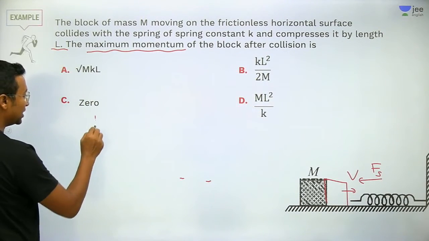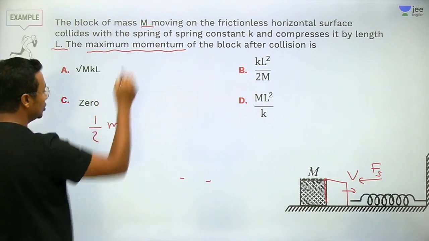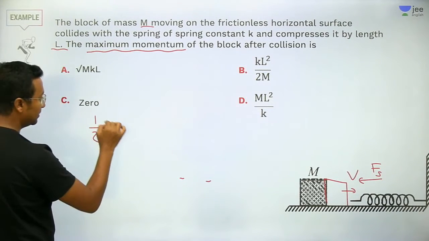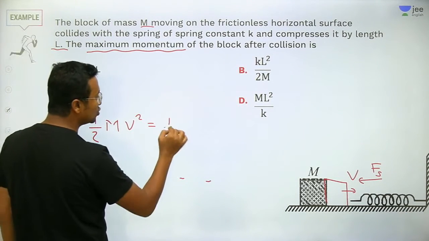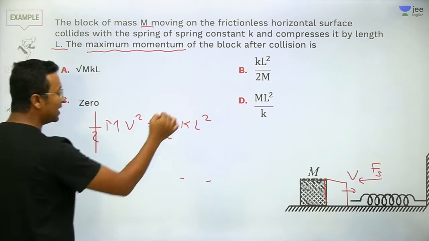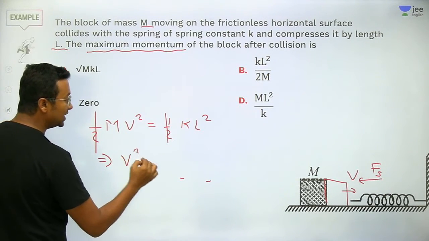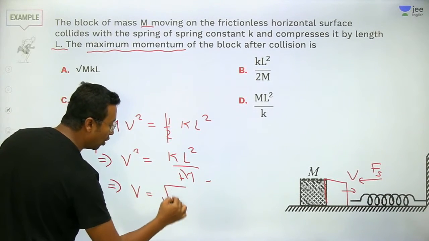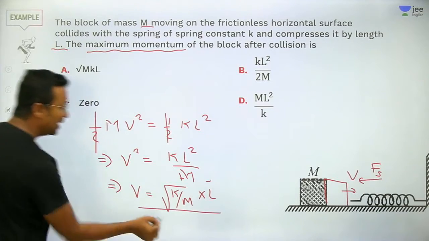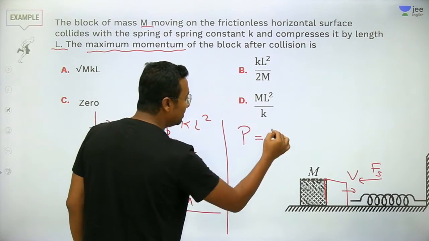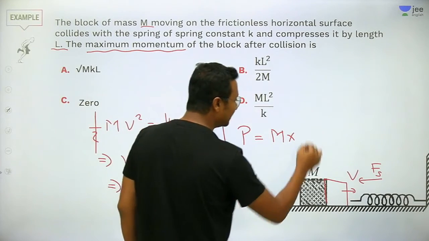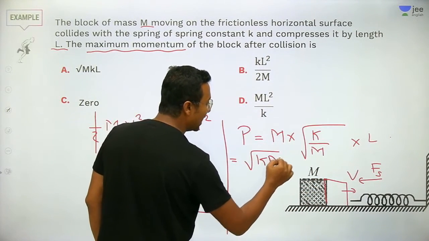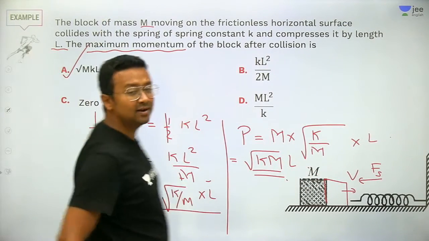So conserving the energy, you will get half M V square equals half k L square, where mass is capital M. Half and half get cancelled, which implies velocity square will be k L square upon M, so velocity will be root of k by M into L. Corresponding to it, the momentum will be M into this entire thing, so this will be root of k M into L. That is option A, the correct answer.